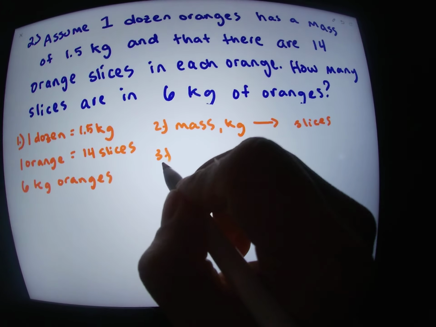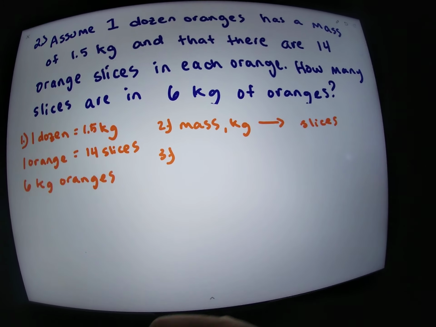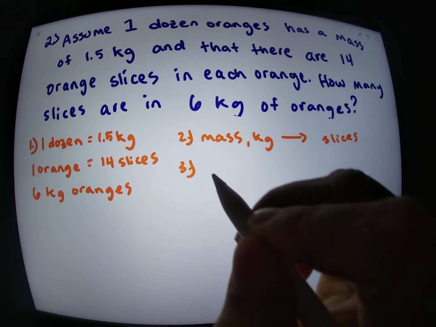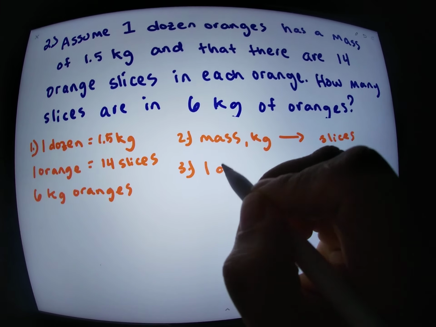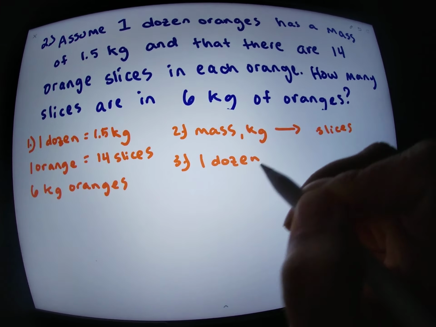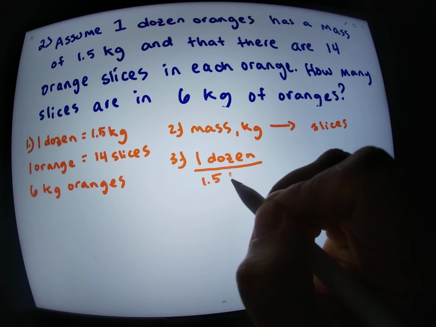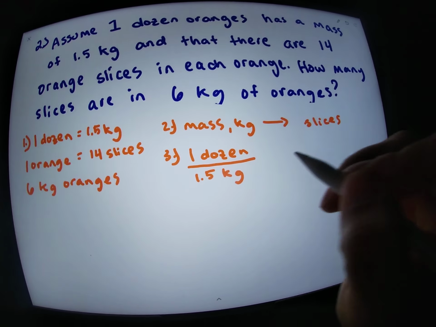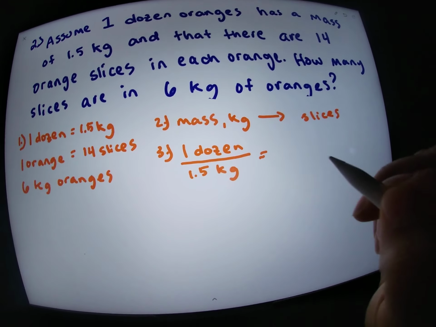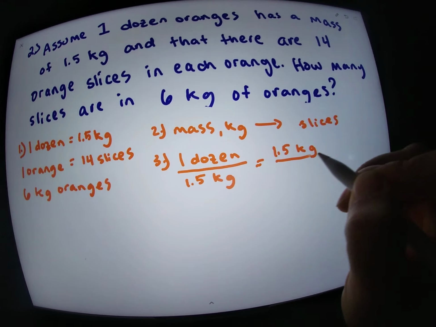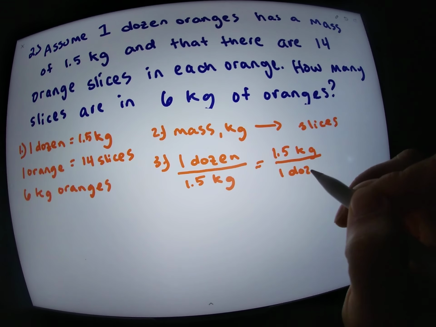Step 3, we're going to make those conversion factors. It's going to be 1 dozen over 1.5 kilograms, and the same is true for the reciprocal: 1.5 kilograms equals 1 dozen.